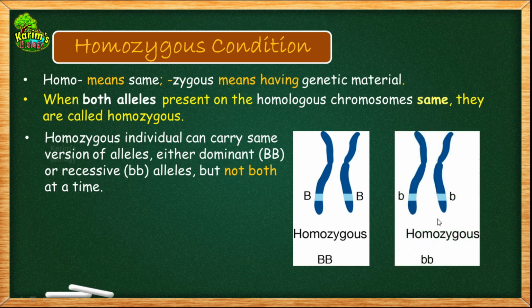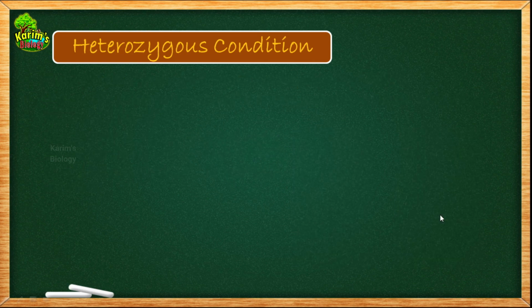They are also a pair of homologous chromosomes, but the two versions of the gene are recessive. Here both of them are dominant versions of the same gene. Here both of them are recessive versions of the same gene. So homozygous individuals can carry the same versions of alleles, either dominant capital B like in this case, or they may have the recessive allele small b like in this case.